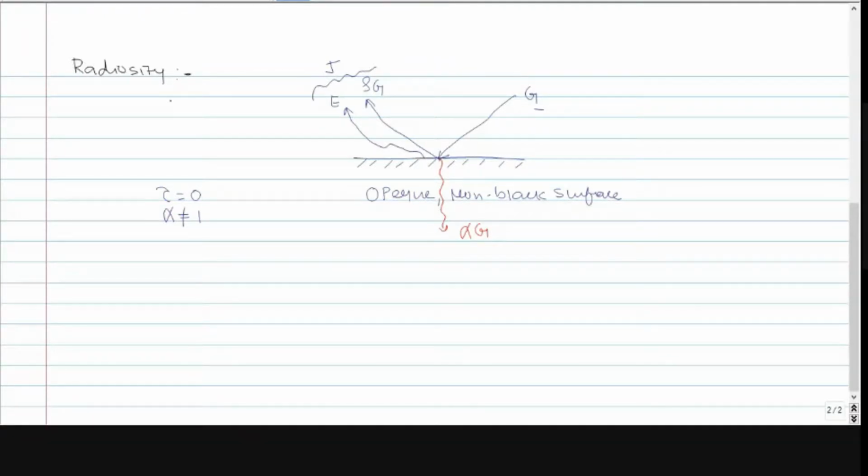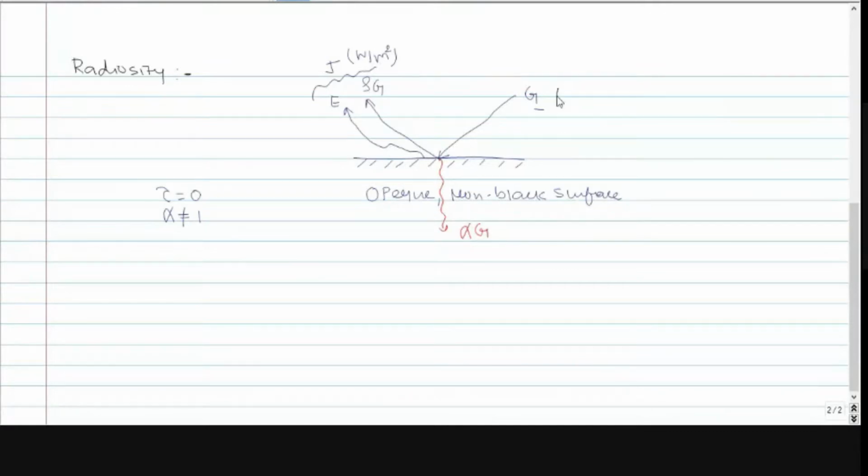The definition of radiosity: the total radiation leaving the surface per unit time per unit area is called the radiosity, and the unit is watt per meter square.